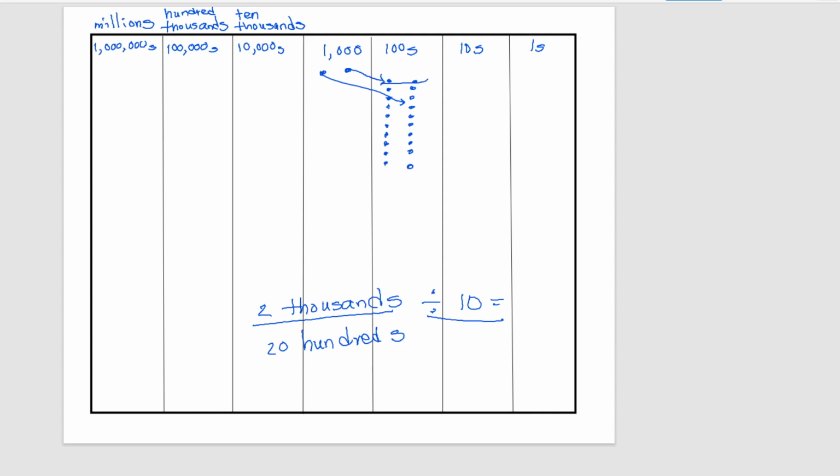So let's circle those groups. 2, 3, 4, 5, 6, 7, 8, 9, 10. So we've taken our 20 hundreds and we divided them into 10 equal size groups. And we see what we have in each group is 2 hundreds, or in standard form, 200. Let's erase this.